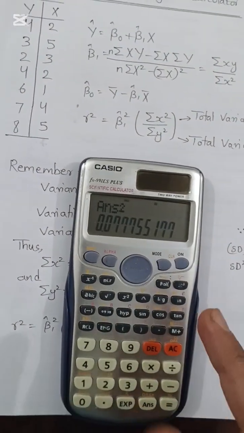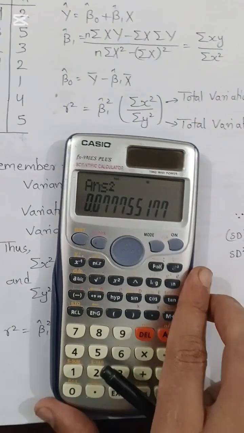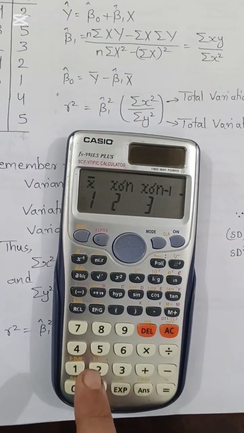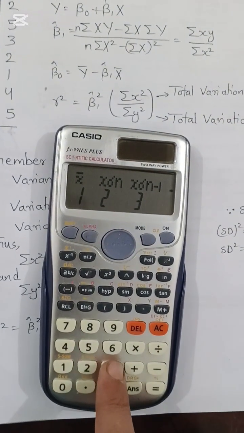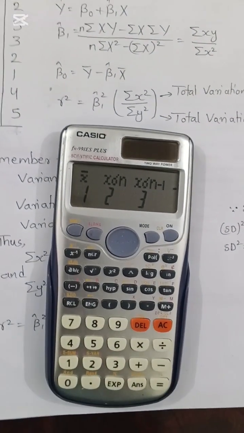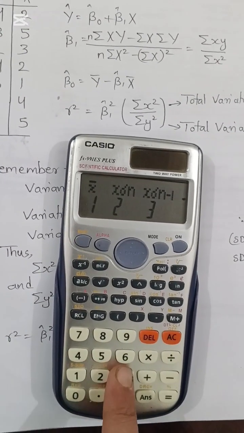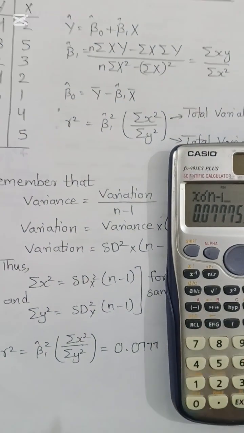First of all, we will find the total variation in x. How to do this? For this purpose, go to shift and then press 2. Then you can see the option 3, which shows the sample standard deviation of x. So I press 3. So this is the sample standard deviation of x.